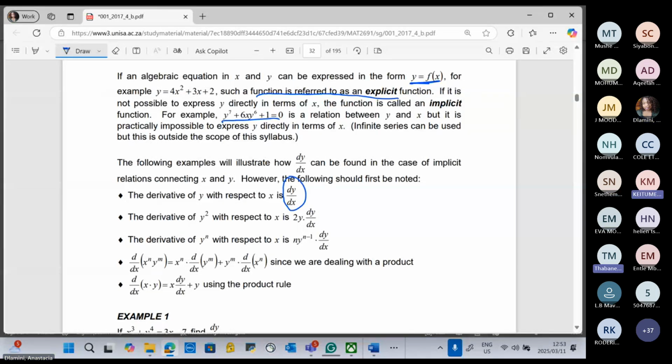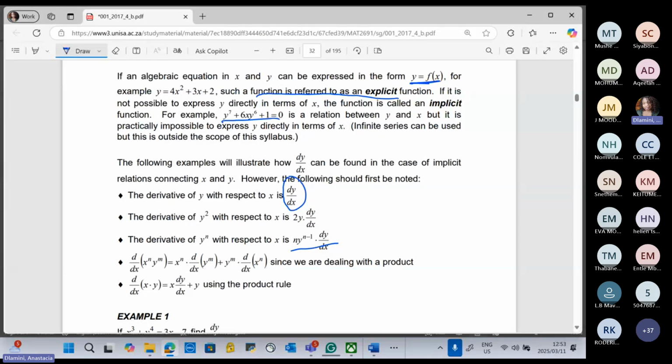The derivative of y squared with respect to x is written as 2y dy over dx. Does it make sense? Now the derivative of y to the power of n with respect to x is this. Does it make sense?